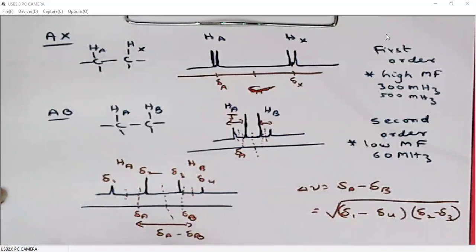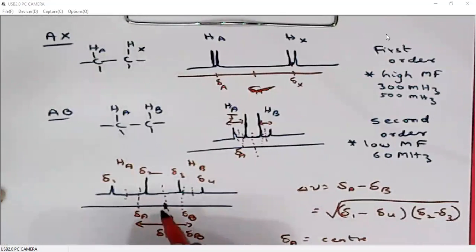Then we can also point out the middle of the multiplet. This we can easily get; the middle of the multiplet value can be easily obtained from the spectrum, not a problem, right? Then what is delta A? The delta A value will be the center or middle delta.